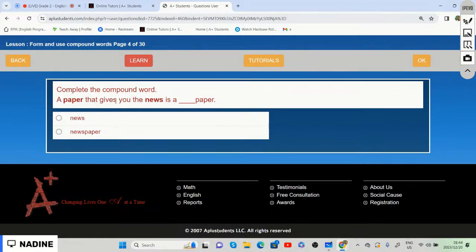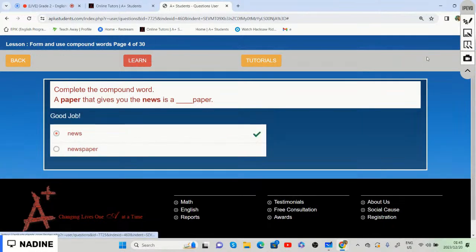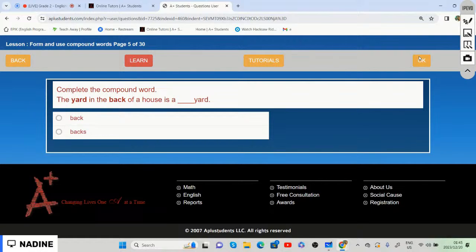A paper that gives you the news is a what paper? Is it a newspaper or do we say the full word newspaper? So a paper that gives you the news, we can say it's a newspaper. Right? Because there we already had the word paper. All right, let's do the last one.